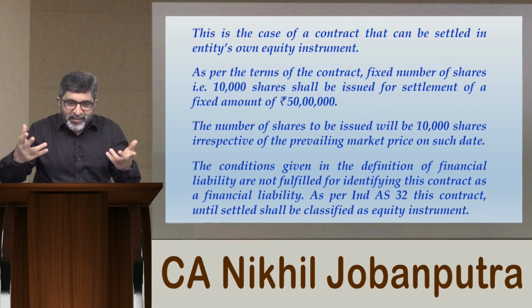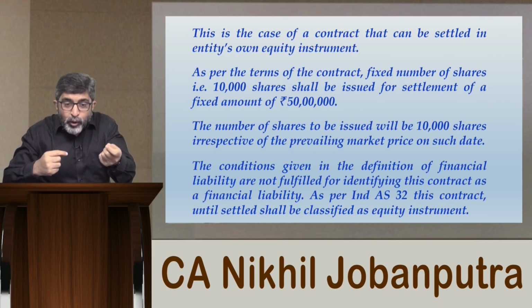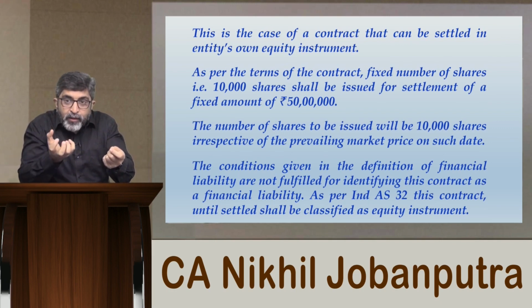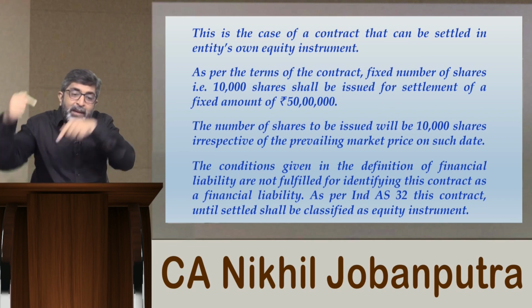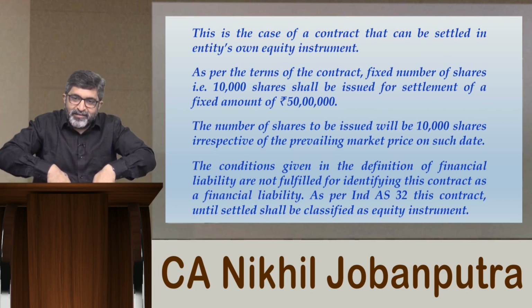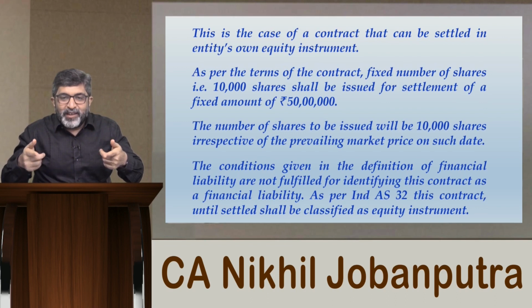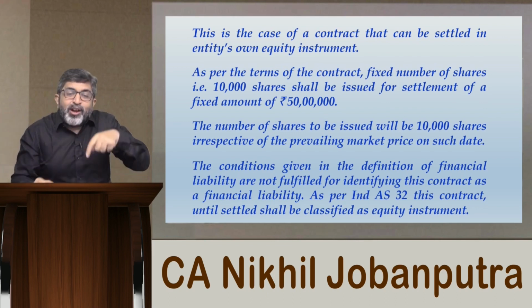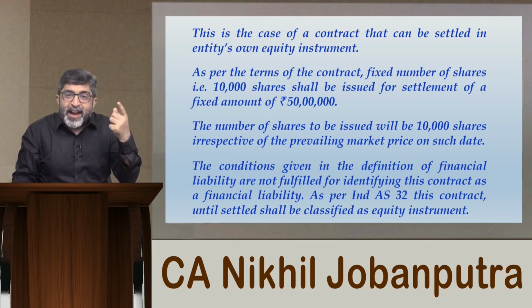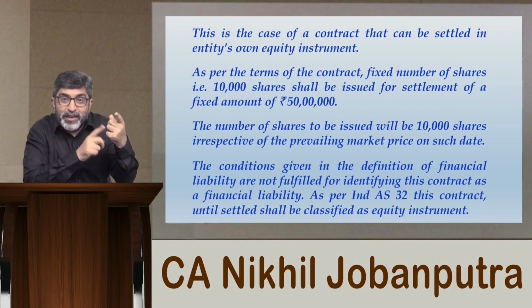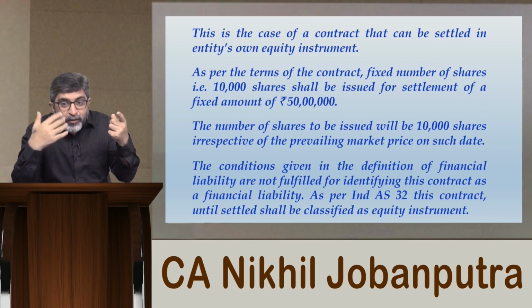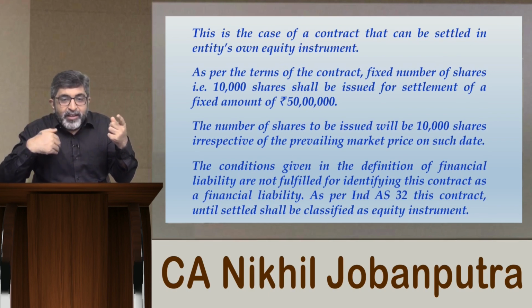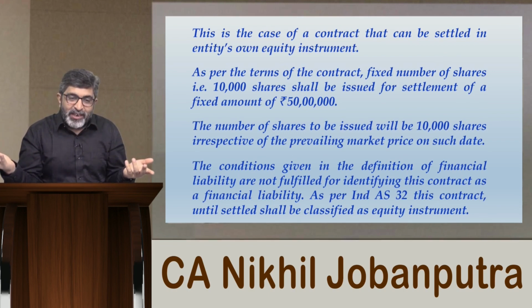So logically, I have paid 60,000 and got a contract which is to be settled in my own equity instruments. For me, it cannot be a financial asset, correct? Because originally the contract was classified as equity, not a financial liability. So when I am repurchasing this contract, it cannot be even a financial asset.